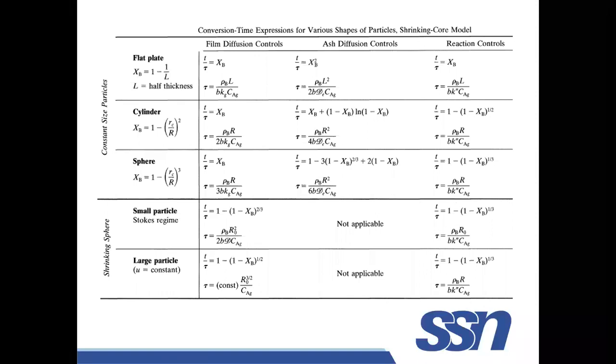So, based on what is controlling, you will put down whatever is the coefficient. If there is film diffusion, you get kg. If there is ash diffusion, you get De. If there is reaction, then you get k prime, the rate constant. So this is for a spherical particle if the size is not changing.